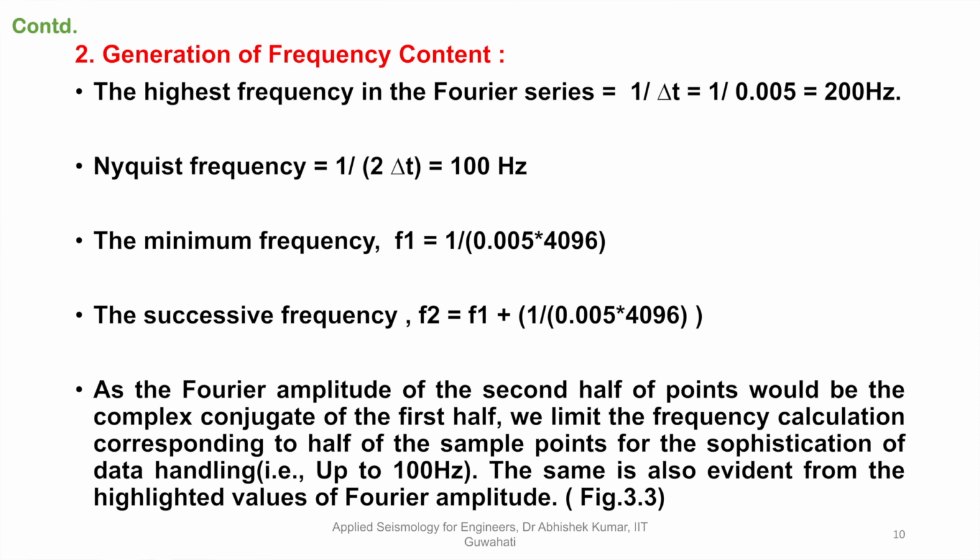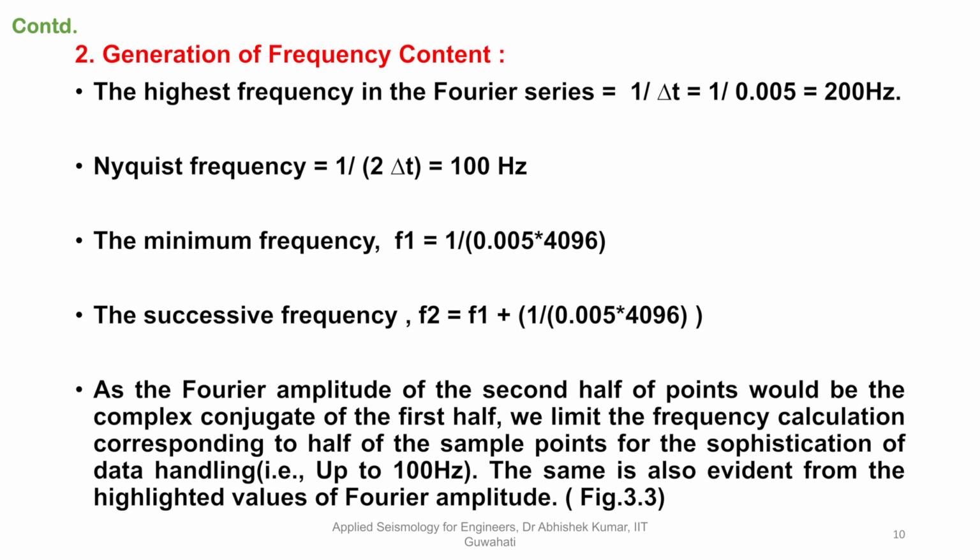So, 1 over 0.005, that is 200 hertz, is the highest frequency available in your acceleration time history record, if you talk in terms of frequency domain. Now, for the minimum frequency, 4096 points are there, recorded at 0.005 second intervals. The product of these two is going to tell you the duration, and 1 over the duration is going to give you the minimum frequency available in your record.